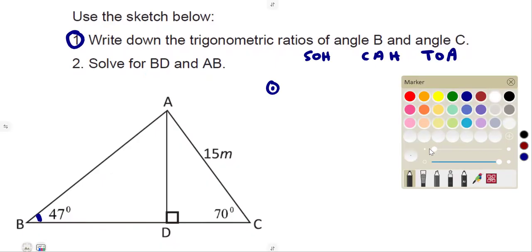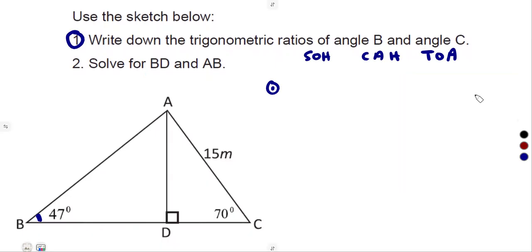So in our case, we are going to have the sine of angle B. In a right angled triangle, sine is opposite over hypotenuse. Remember, this is 90 degrees. This is also 90 degrees here.